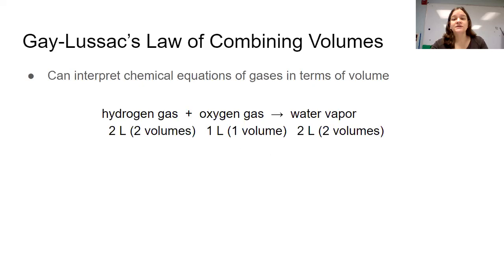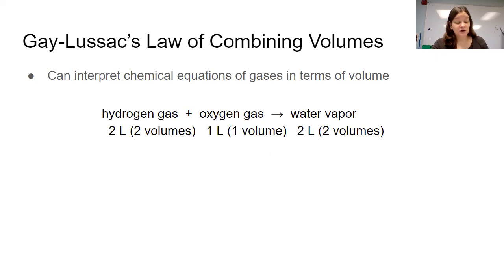So we're going to start with Gay-Lussac's law. What he's saying is if you have a chemical equation where all of the participating reactants and all the products are in the gas state, then you can interpret the equation in terms of volume.